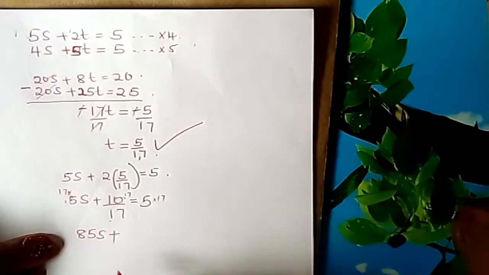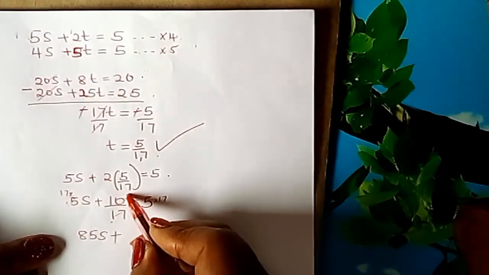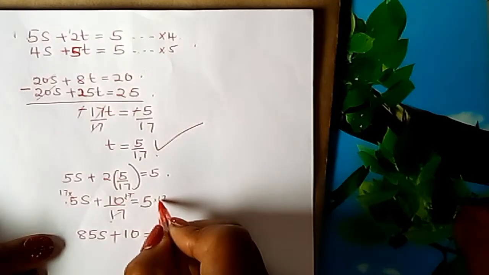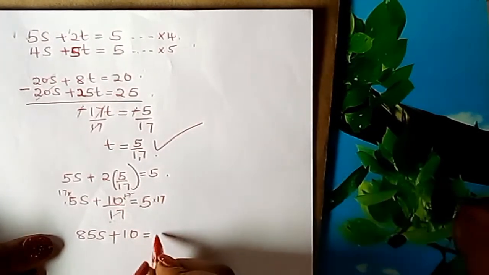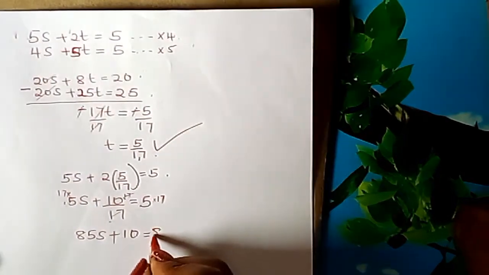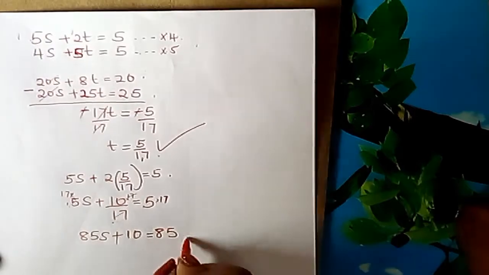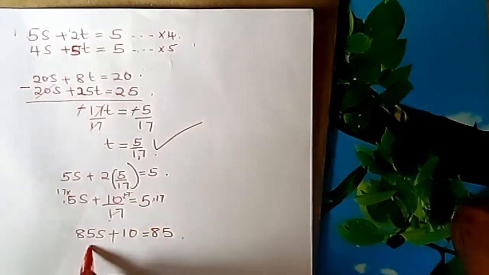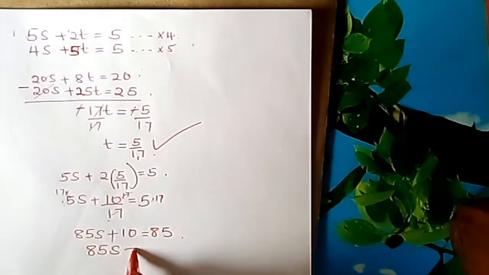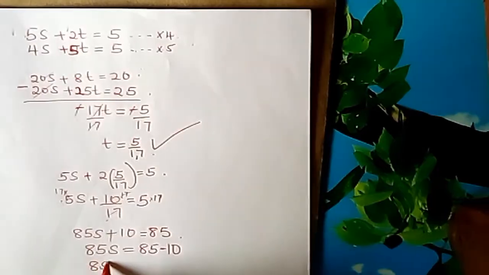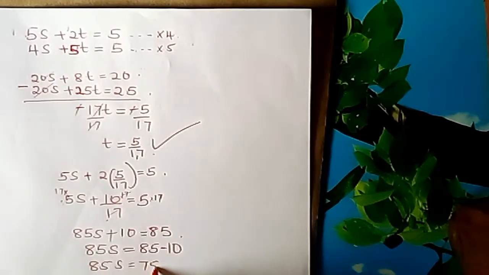Here you'd get 85s plus what? The 17s would cancel out. You remain with 10 equals 5 times that, which gives you 85. Yeah, that is right. So 85s, Lana, equals 85 minus 10, and therefore 85s equals 75.